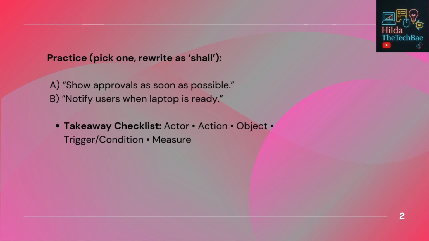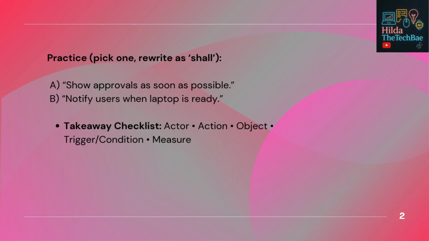You see here that we are incorporating the takeaway checklist: actor, action, object, trigger slash condition, and the measure. So keep this checklist handy. If one element is missing, your shall statement is probably not going to be testable, right? So that is a way to write a stronger requirement using the shall statement.